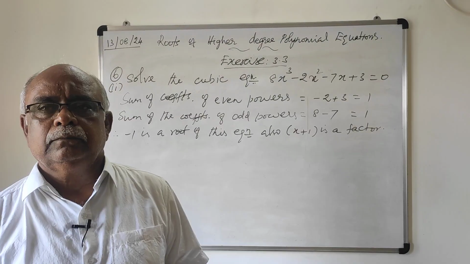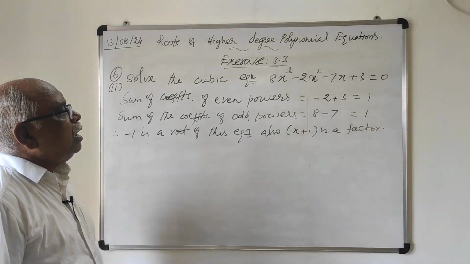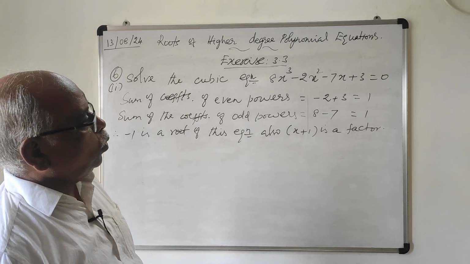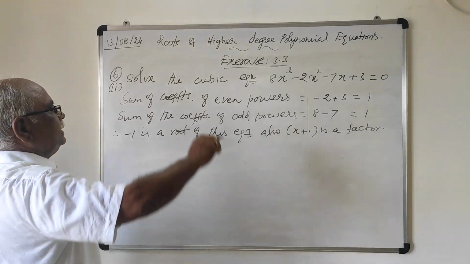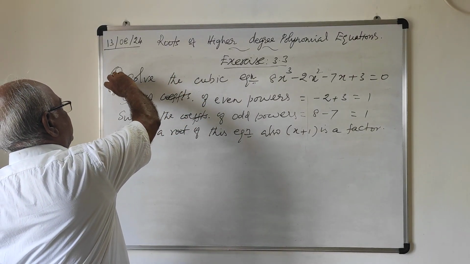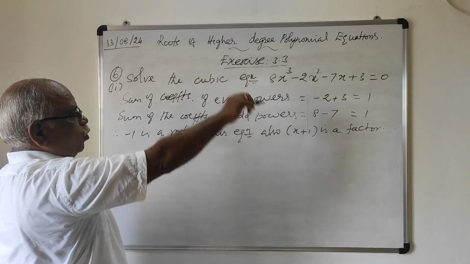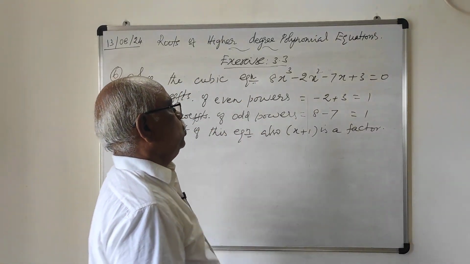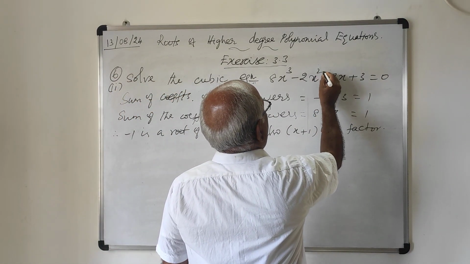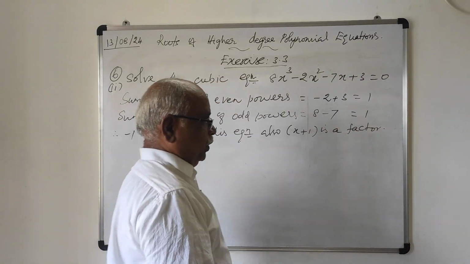Okay. Now again we will solve one more problem in exercise 3.3. Sixth problem, second subdivision. Solve the cubic equation 8x cube minus 2x square minus 7x plus 3 equal to 0.